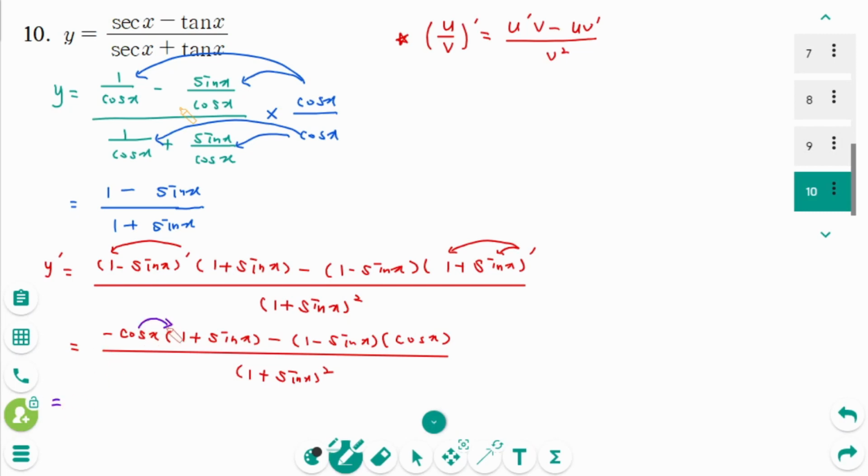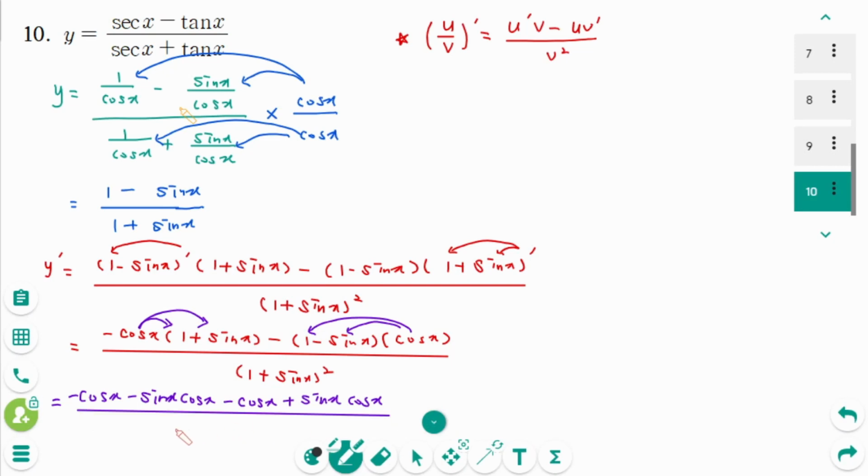Equals minus cosine x minus sine x cosine x. This one minus cosine x. This one plus sine x cosine x over 1 plus sine x squared.